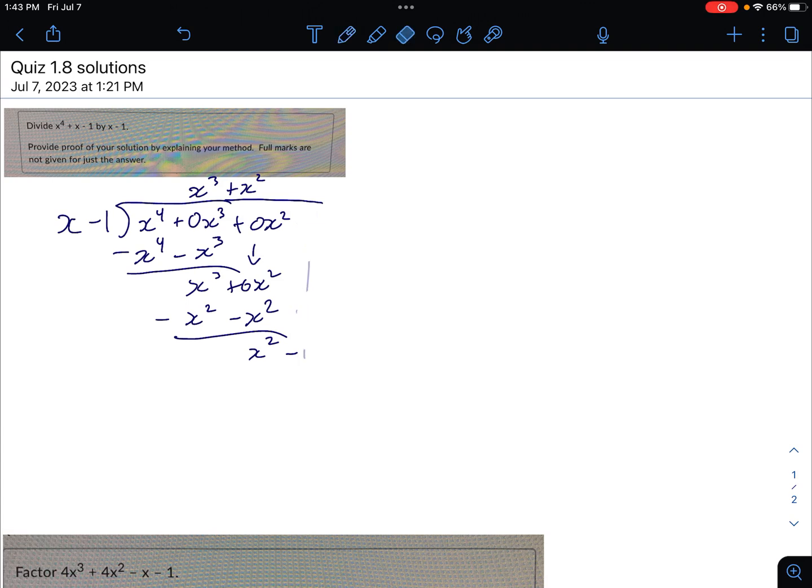Oh, never mind, I forgot the x term. Plus 0x minus 1. So that comes down plus 0x. So we have x here, x squared minus x. Subtract those, you get x minus 1.